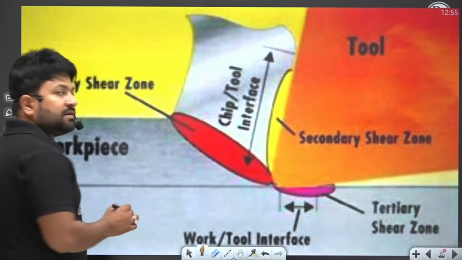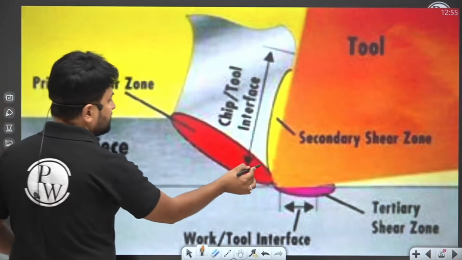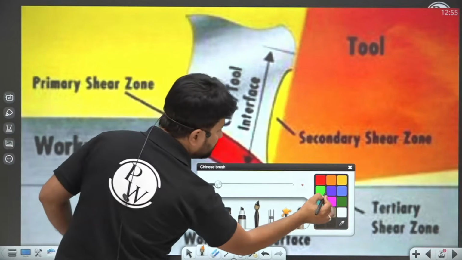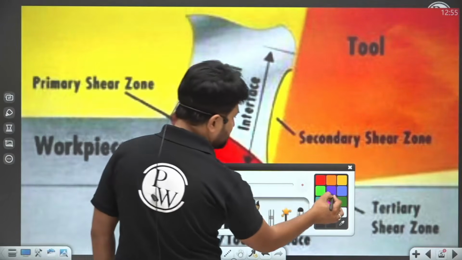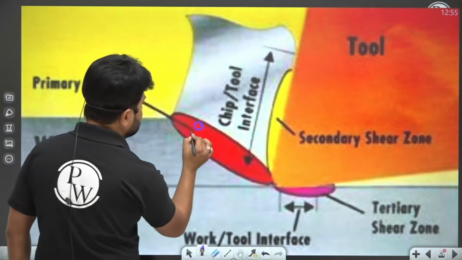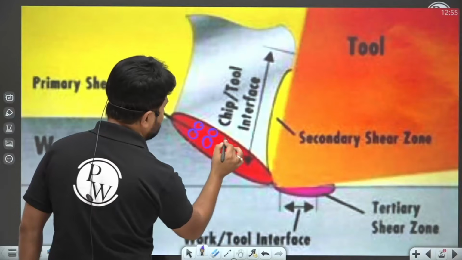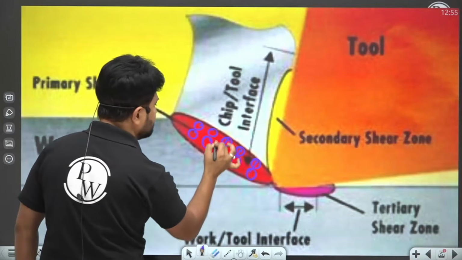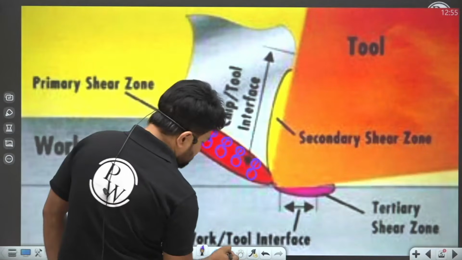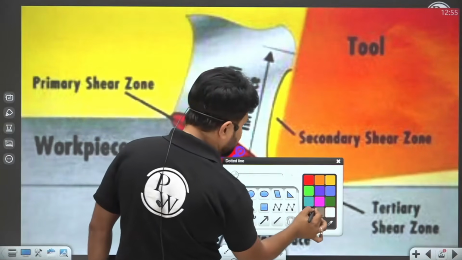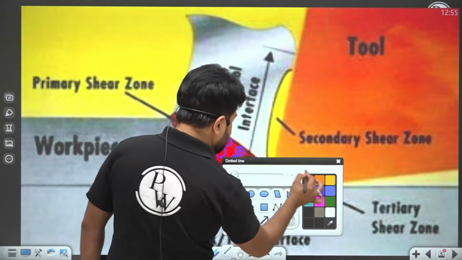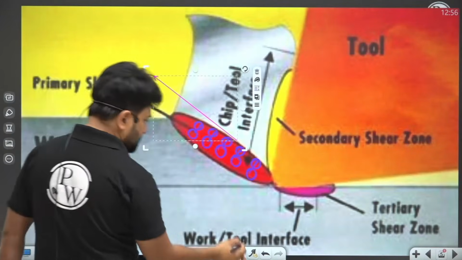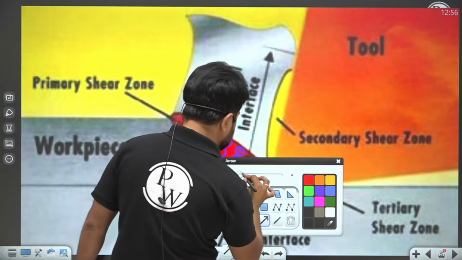As I told you, this is the primary deformation zone. Here the crystal structure, the bonds, are going to break with the help of that shear force.